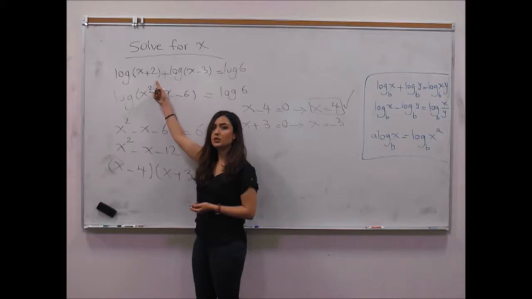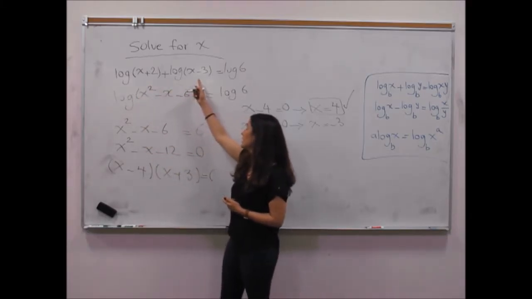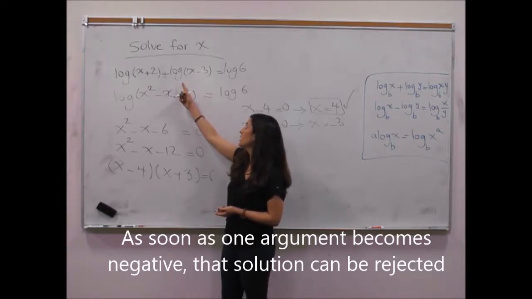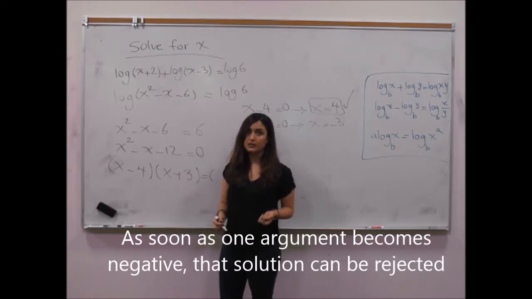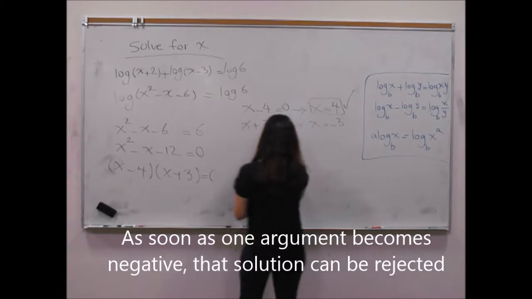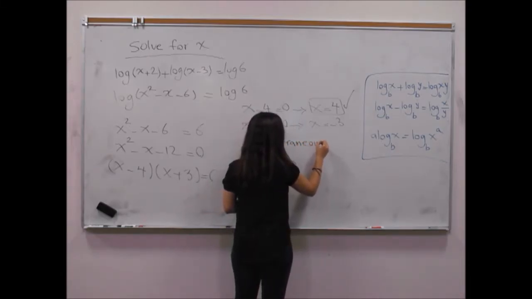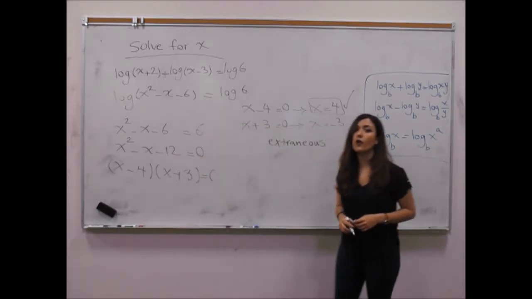Negative 3 plus 2 is negative 1, so that doesn't work for the first one. And for the second one, it also doesn't work because I get log of negative 3 minus 3, which means log of negative 6, so that doesn't work either. So negative 3 is an extraneous solution, and the only solution that works for this problem is x equal 4.